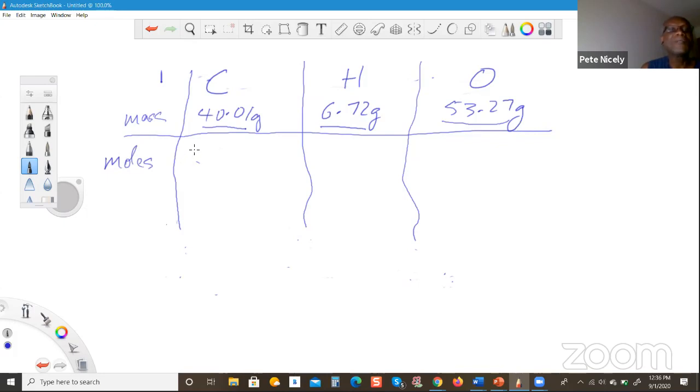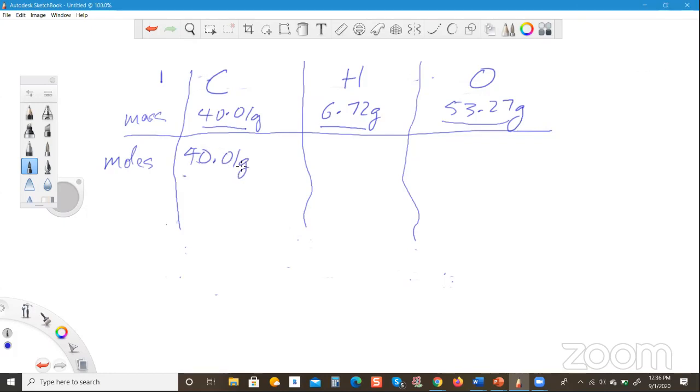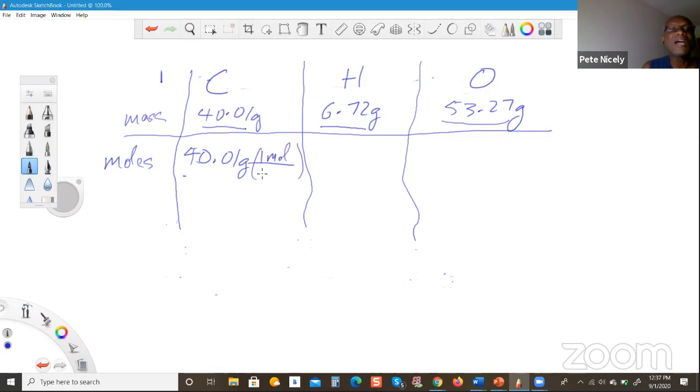To get the moles, we simply divide the mass in grams by the respective molar masses of each of the elements. So in the case of carbon, you divide 40.01 grams by, or you could multiply it by, 1 mole over the molar mass of carbon, which is 12.01 grams per mole, all right?